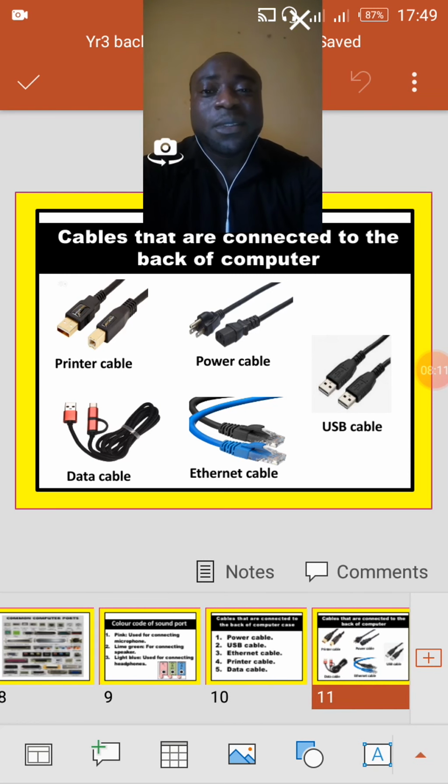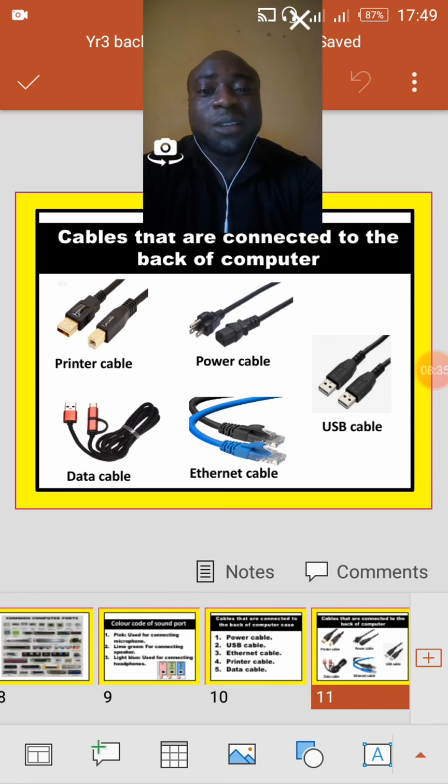So they have their uses. Power cable, we use it to connect power to the system unit. Printer cable, we use it to connect printer to the system unit. Then USB cable to connect mouse, keyboard, and other USB devices.